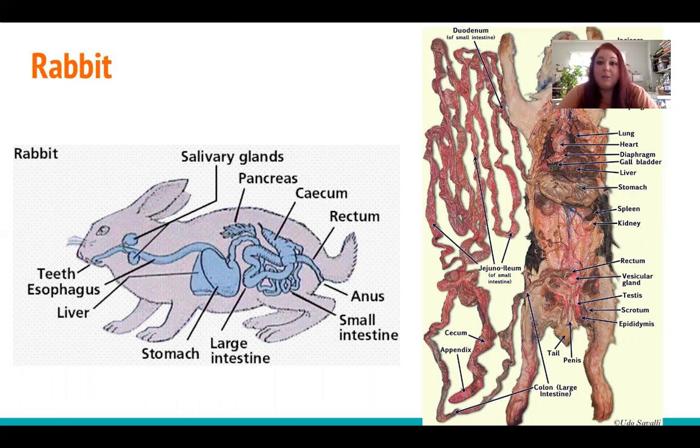It's long. Like the square lab tables that we have in the lab, when we took it out, it was like up and down and up and down, like almost the whole table. Yeah, we laid it out. So it's really interesting to see.